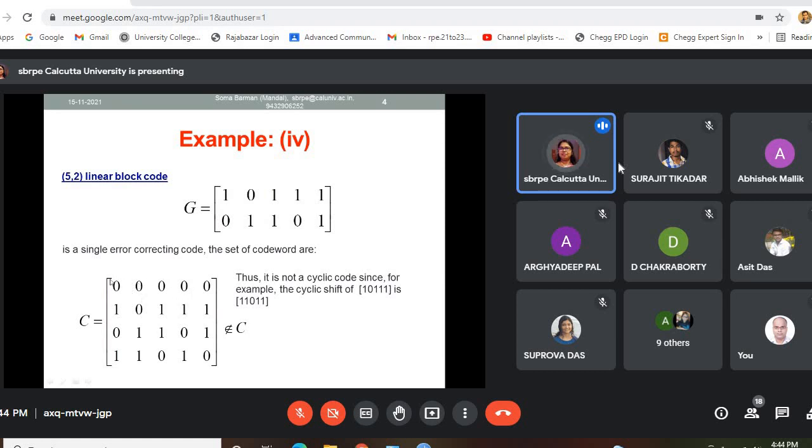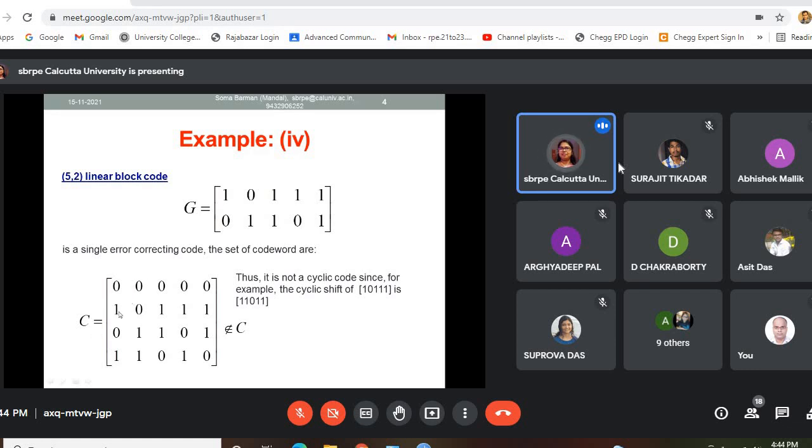So obviously this satisfies the properties of the linear block code. But if I consider 10111 and if I shift it, what will be the effect? That will be 11011, isn't it? If I shift this thing, if we shift 0, it will be 0. So it's not a problem, it is contained within your code word C.